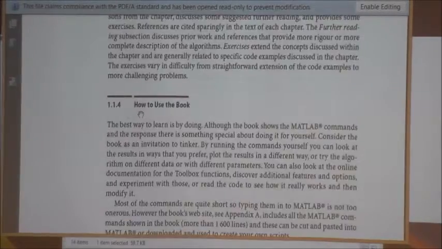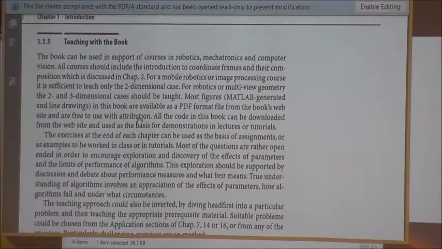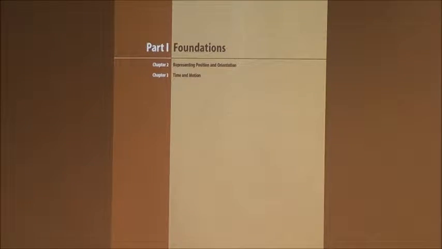All right, now let me see what we can do in terms of additional material. So, part 1 consists of 2 chapters: presenting position and orientation, and chapter 2, time and motion, chapter 3.